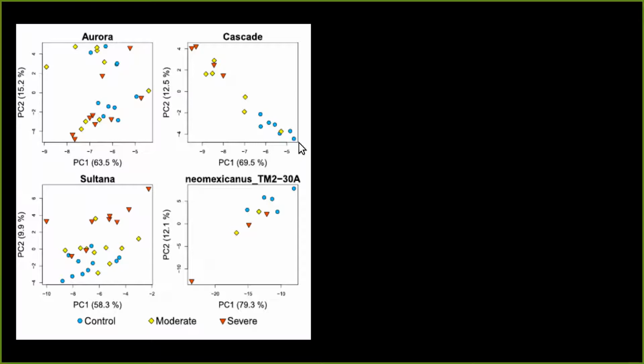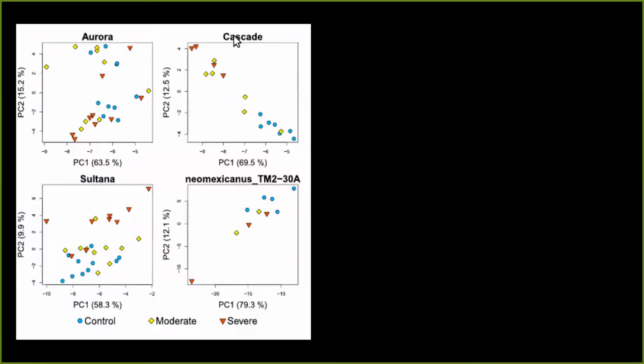And what we noticed is that, remember, we're looking at the overall chemical composition of the leaf. What we found is that there's a tendency that, for example, in this case, the plants in the severe treatment group that received the least amount of water were chemically distinct from the leaves that received the most amount of water.